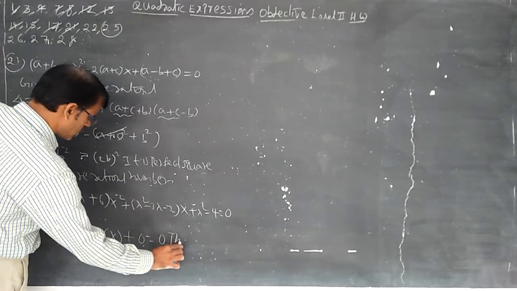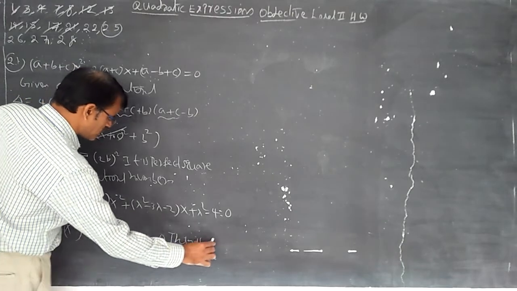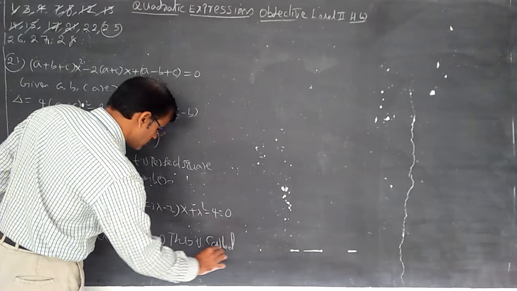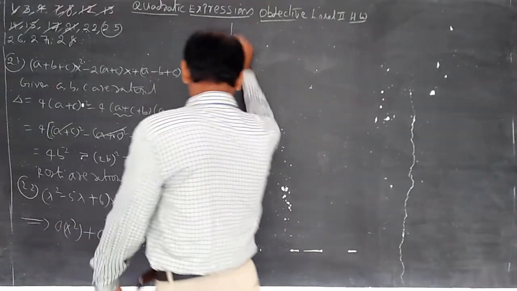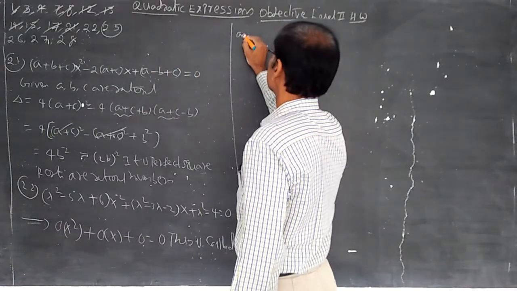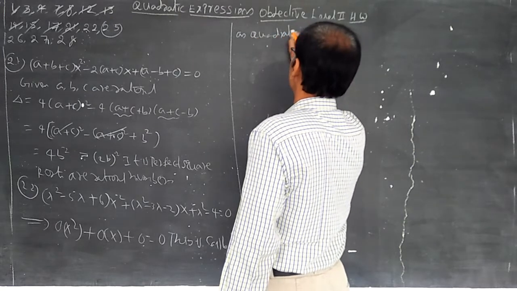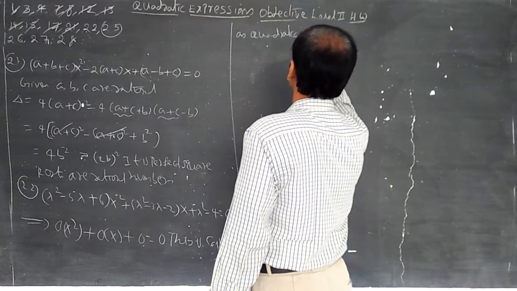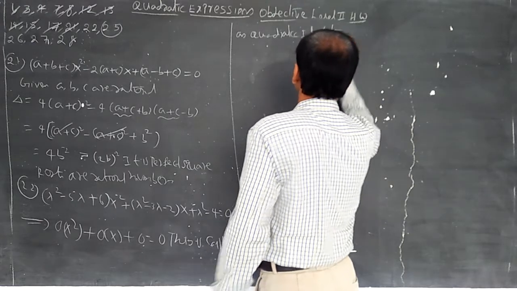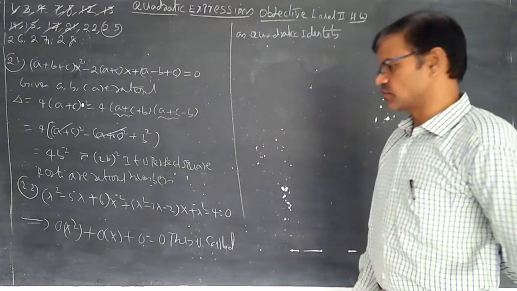This is called a quadratic identity. Already I said in the starting. So this is an important question, depends upon quadratic identity, in MSET and mains also.